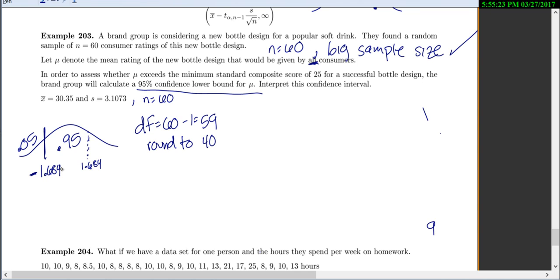The t-distribution is symmetric, just like the z-distribution. So even though it'll give you the positive one, the one you're interested in is just that negative one. So t star equals negative 1.684.